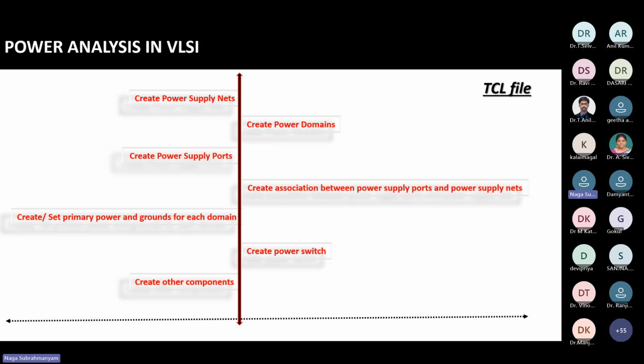And we need to create an association between ports and nets. From the port the net will go, right? So we need to create that, and create primary power and ground for each domain. Primary means those domains need to have two things: one is ground power, one is maximum power.